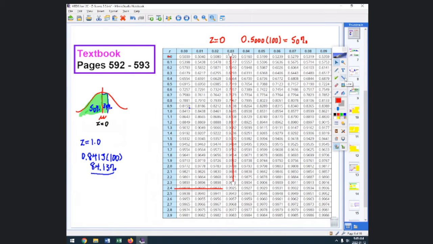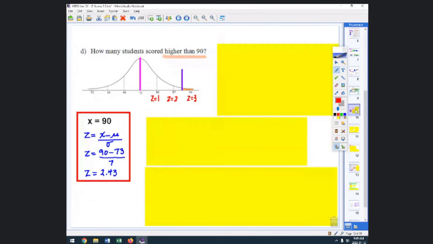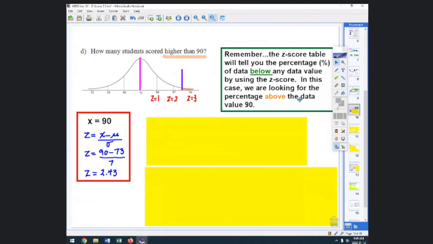It's still kind of in the same region. So I get 0.9925. So I am posting all these too, don't forget. So remember the z-score table will tell you the percentage of data below or to the left. So that's what I have here.